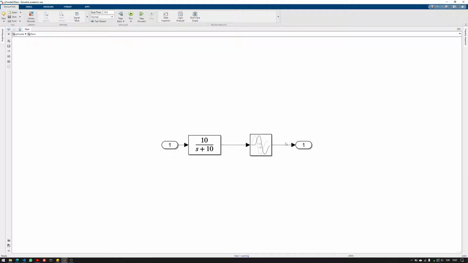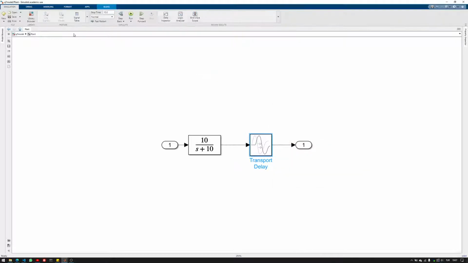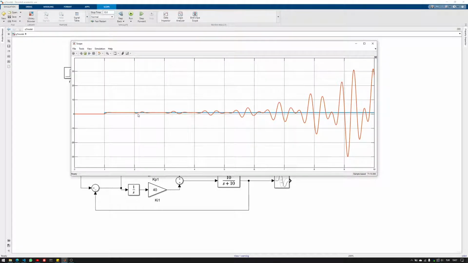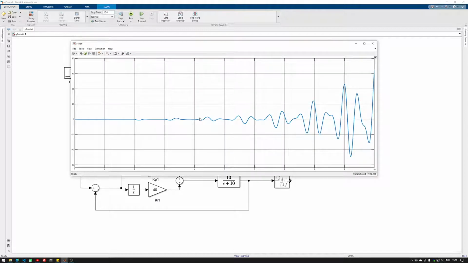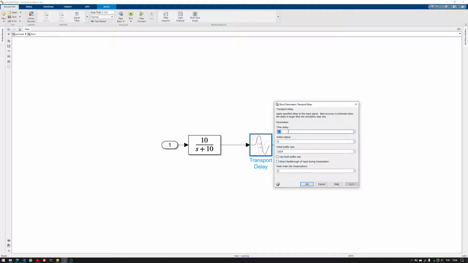Now in the plant, let's say that we have 1.2 seconds of delay, and let's return here and run it. Now you can see that this doesn't even work, and the difference is not equal to 0. So it's depending on the delay here. The delay part is the most important part.